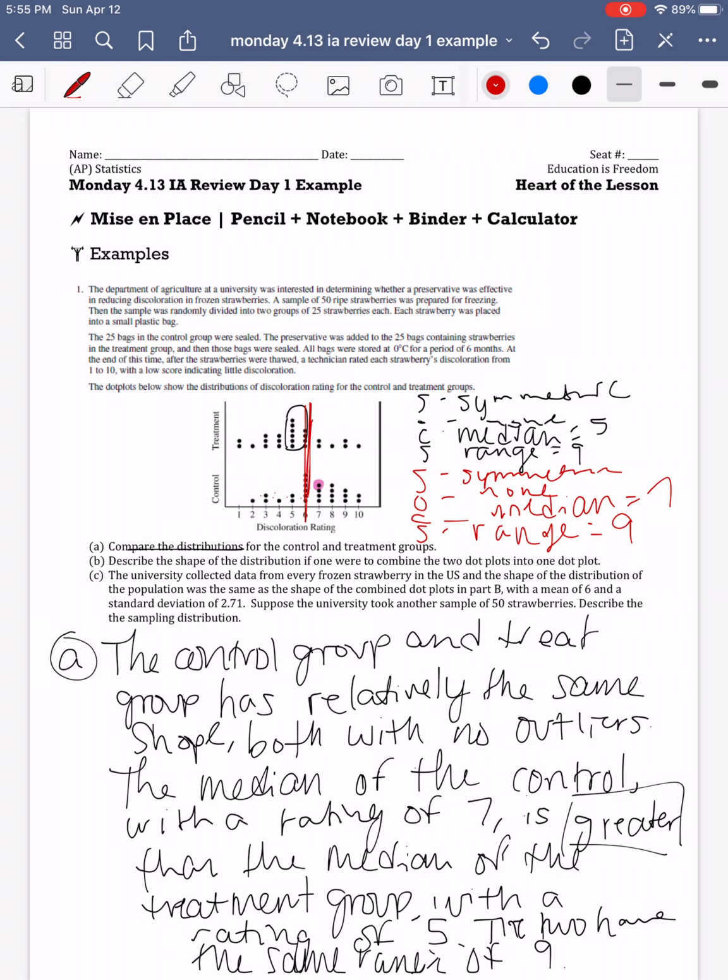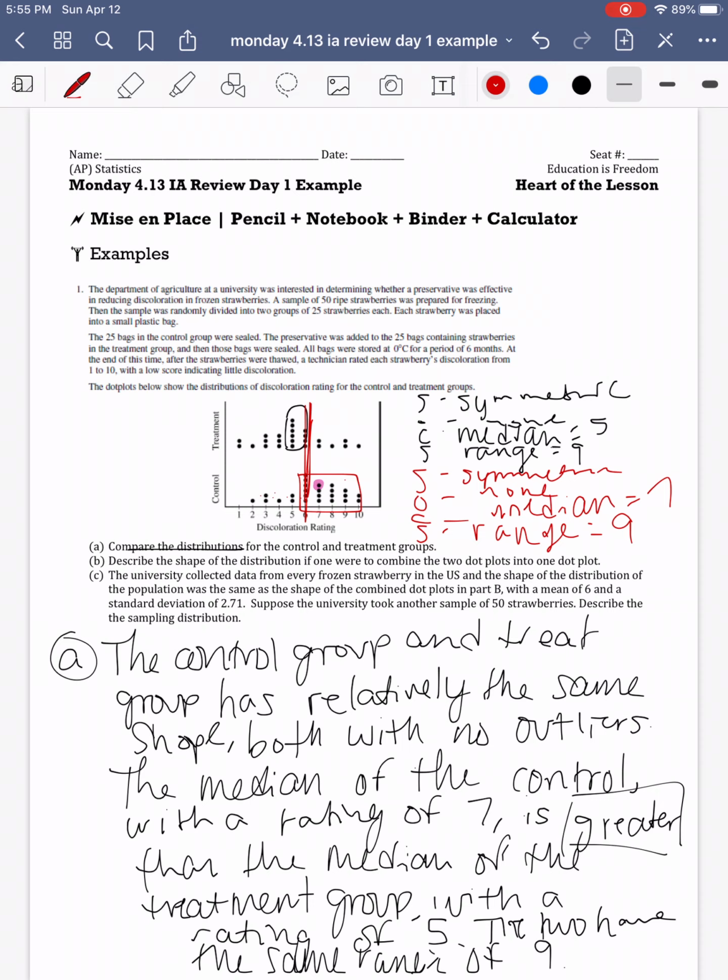So we would have a lot of dots there, and we have a lot of dots on the right-hand side of the control group. So this is the majority of our dots here. We're relatively symmetric. You could probably make an argument for skewed left here.